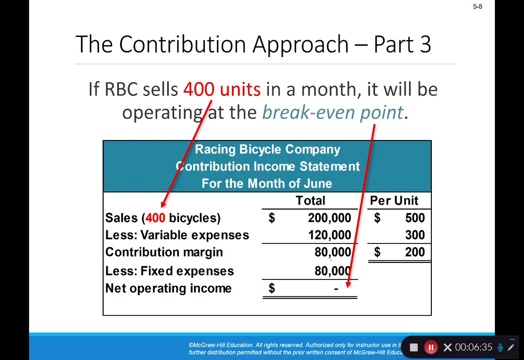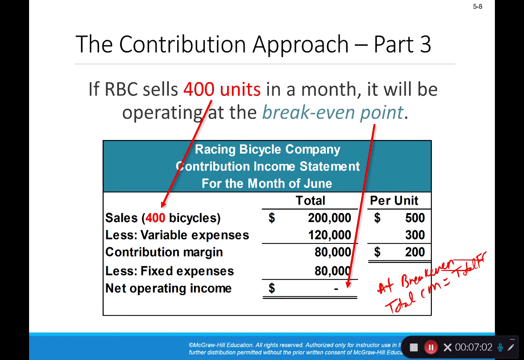So for RBC, in order to break even, they need to sell 400 units in a month. And if they do, you can see that their total contribution margin equals total fixed cost, which will always happen at the break even point. So at break even, total CM will always equal total fixed cost.